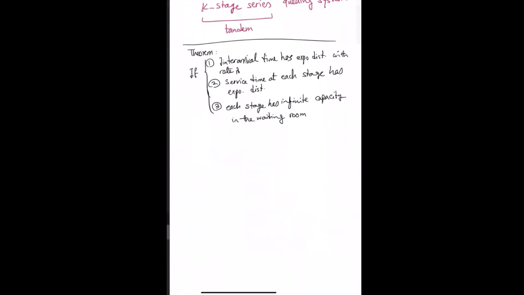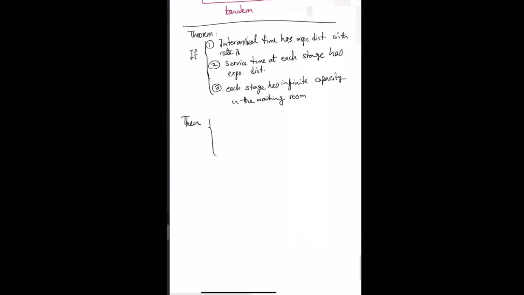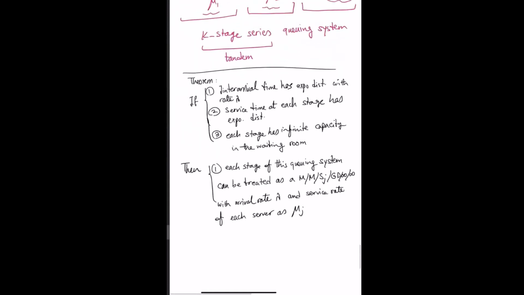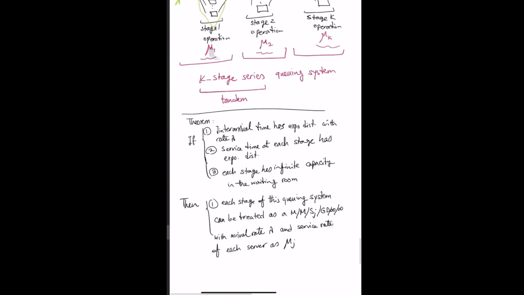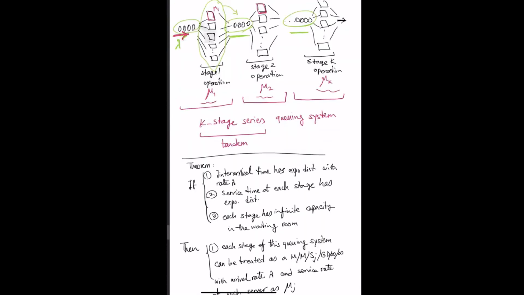So if these three conditions hold, two things can be concluded. Each stage in this queuing system can be treated as an independent queuing system, which is M/M/s, arrival rate lambda. Basically what this says is that if these three conditions hold, if inter-arrival time to this system has exponential distribution, so the entities arrive to this whole queuing system with the rate of lambda.